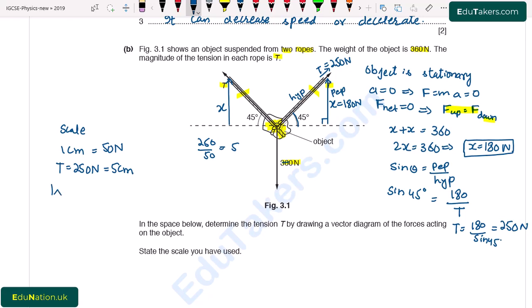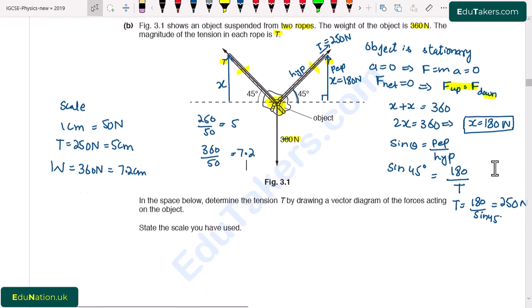Next, weight is 360 Newtons and it will be equal to 7.2 centimeter because 360 divided by 50 is equal to 7.2. So we have taken the scale that 1 centimeter is equal to 50 Newtons.